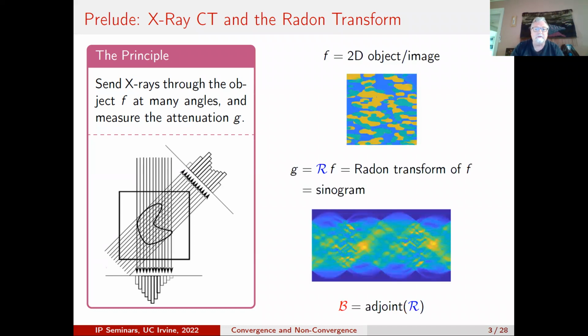So the mathematical formulation of this, in the case of 2D problems and X-rays that are parallel, the mathematical model there is the Radon transform.